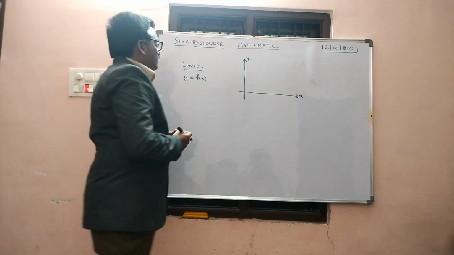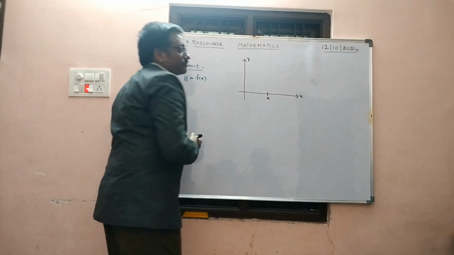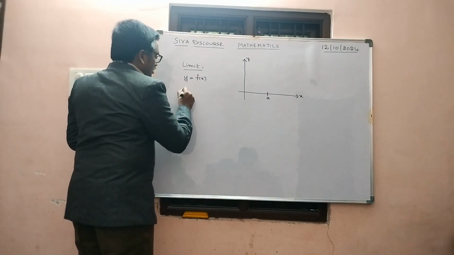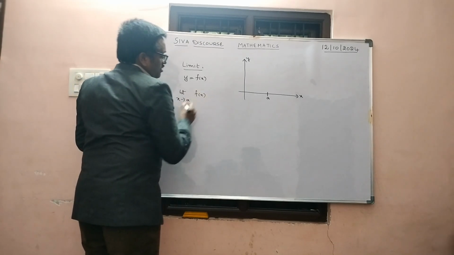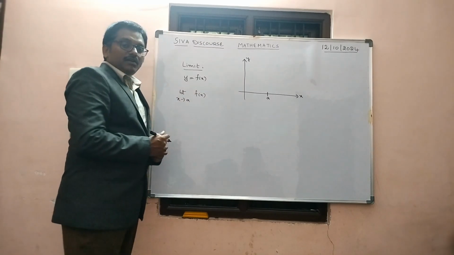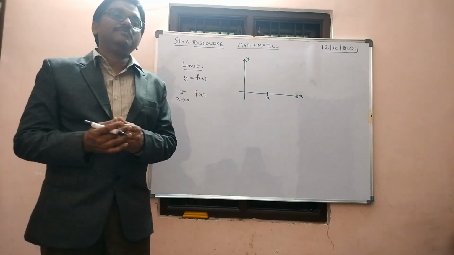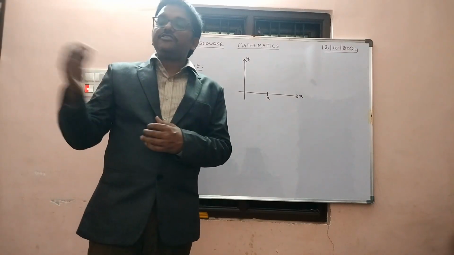For example, if you consider a point A here, then to establish limit x tends to A f of x, we have to understand what is x tends to A. X tends to A means x is almost A. That's like we almost reached some place.